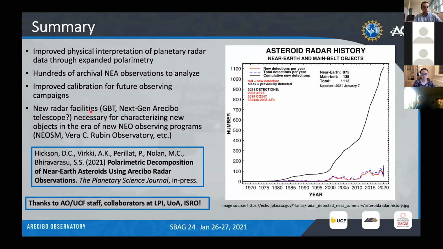And these future observing campaigns could be applicable to the new radar facilities that will be necessary to keep up with the increase in near-Earth asteroid discoveries from new NEA observing programs, such as the possible radar on the Green Bank telescope or potential new telescope at the Arecibo site.